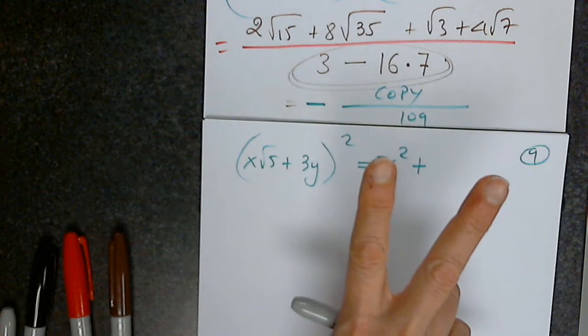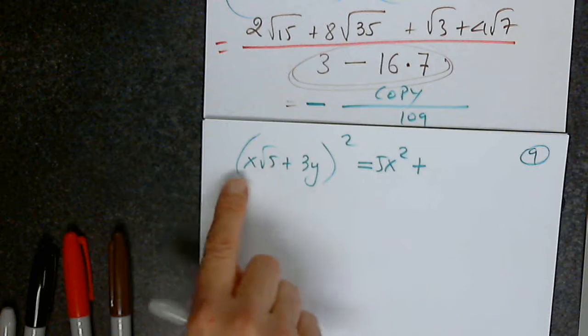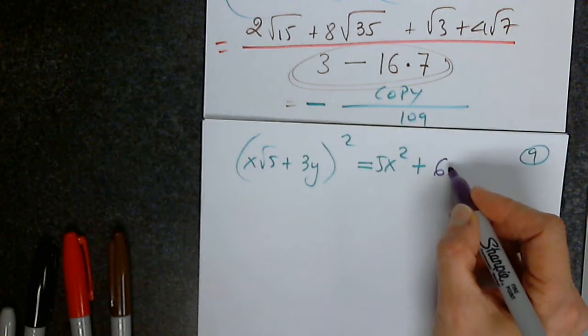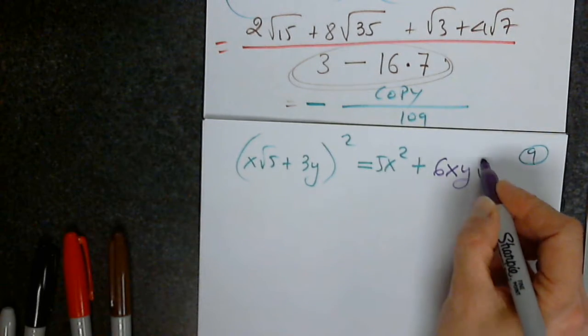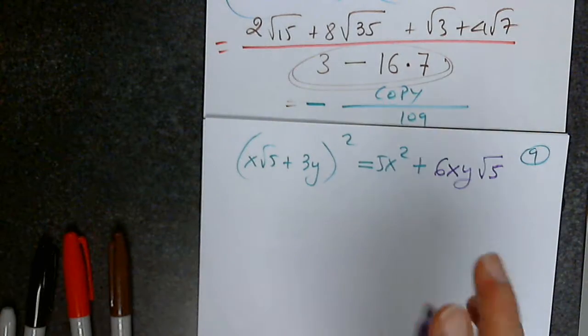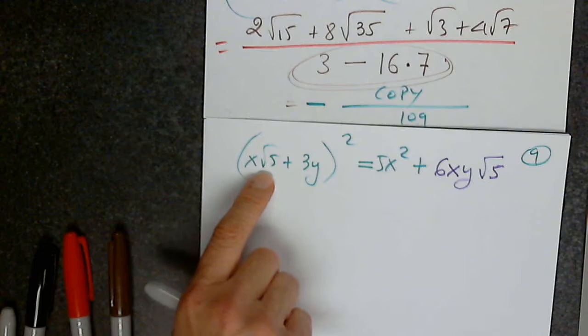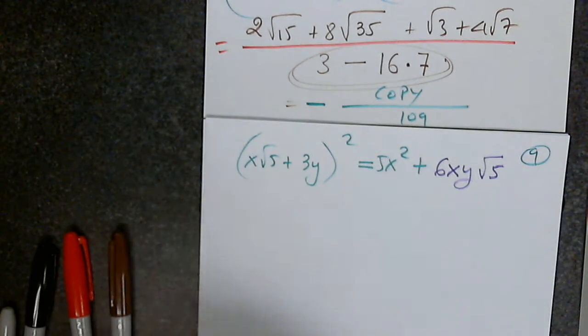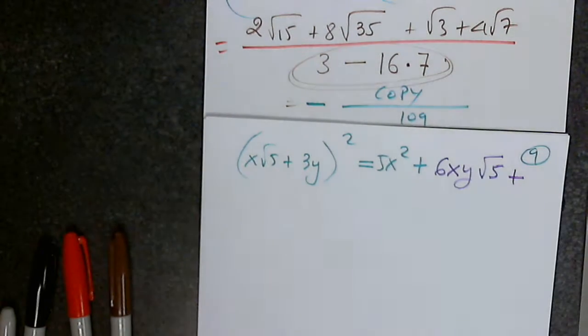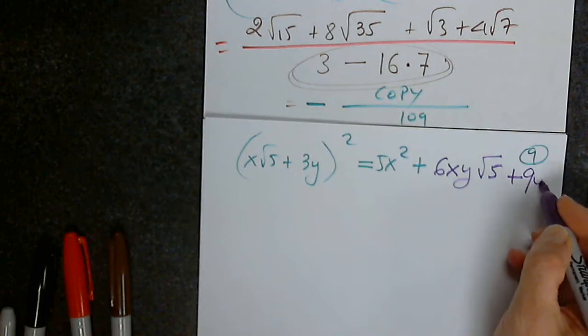It's 2, right? 2 times the first times the second will be 6xy the square root of 5. 2 times 3 is 6 times x times y times the square root of 5. We have to put the square root of 5 at the end. And then the last one plus, that is easy, yeah.